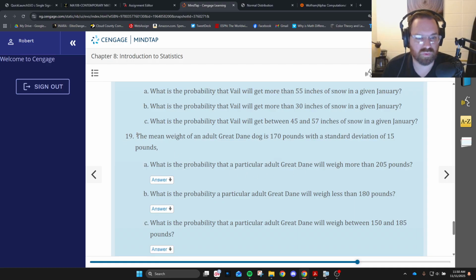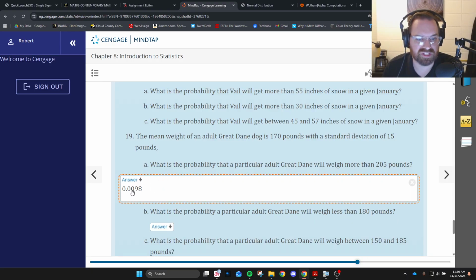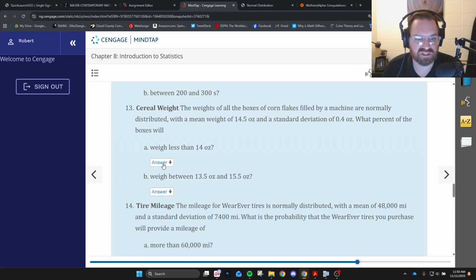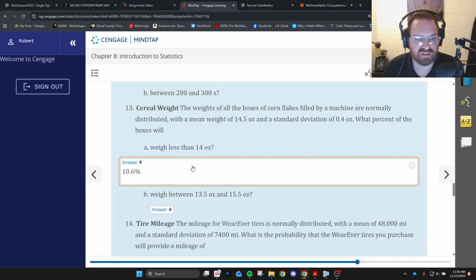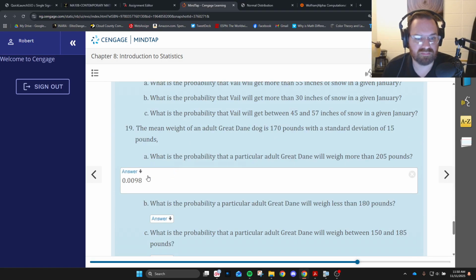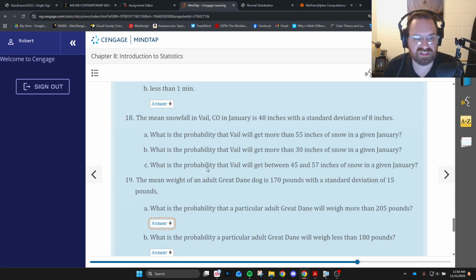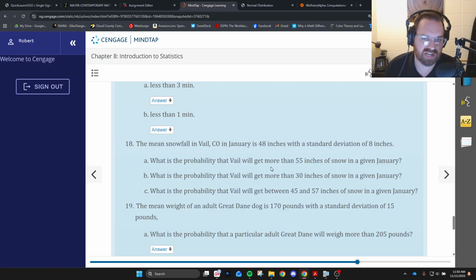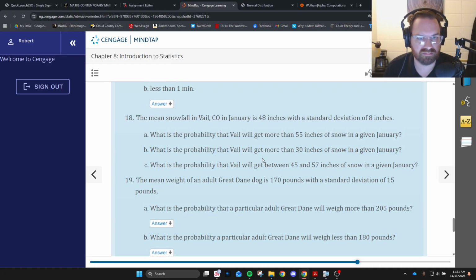This one I think is on the homework assignment. You can see that these are listed as decimals, whereas the ones up here with serial weight were percentages. So just be aware of that. This is asking us for probabilities, so we don't have to convert to a percentage. So we want more than 55 inches.